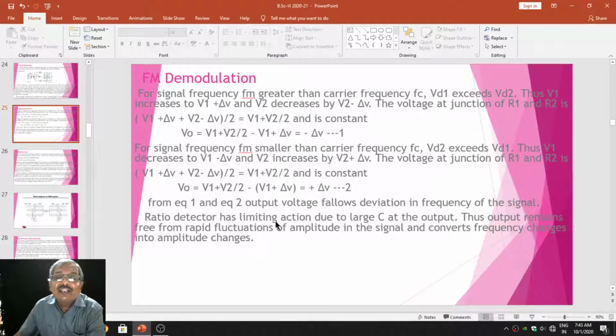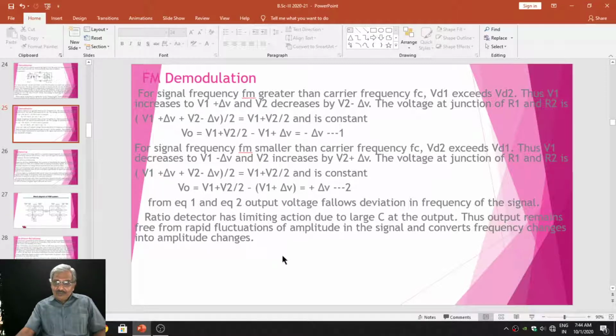The ratio detector has a limiting action due to the large capacitor at the output. Thus, the output remains free from the rapid fluctuations of amplitude in the signal and converts the frequency changes into amplitude changes. Means in frequency modulation, the frequency of the high frequency carrier is changed, so that is here converted into amplitude variations.